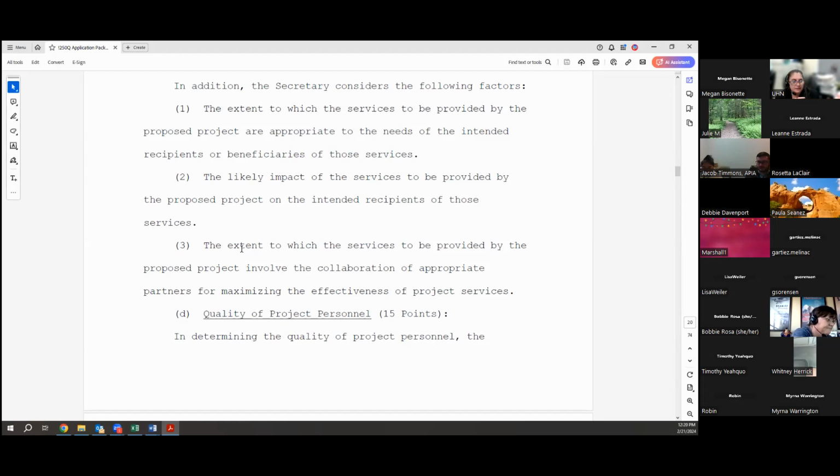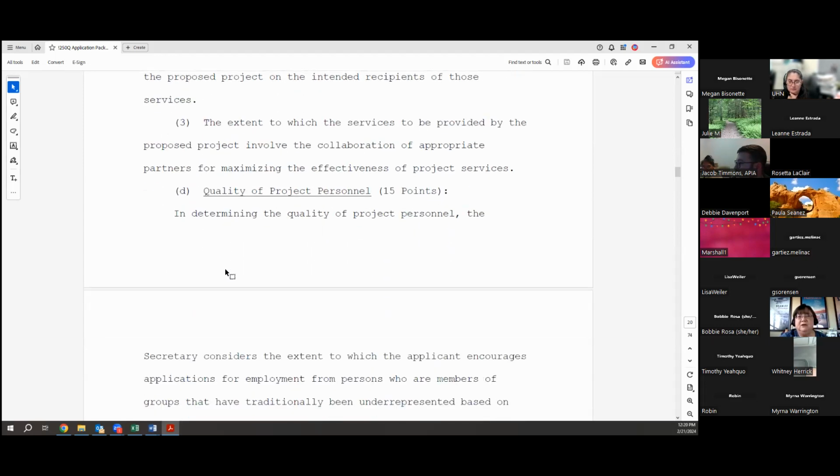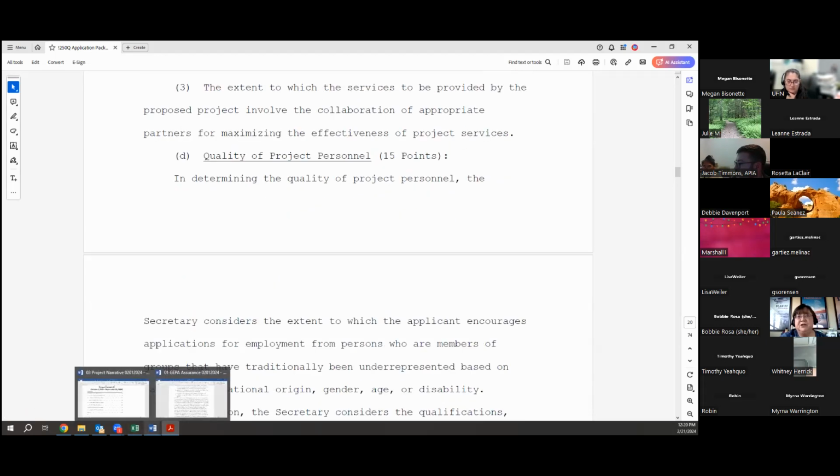So reiterating some of our overall numbers as well. It just looks like a little bit of a restructure for the most part, but I don't think it's changed significantly. And quality of project personnel, D, is different from 5 years ago.